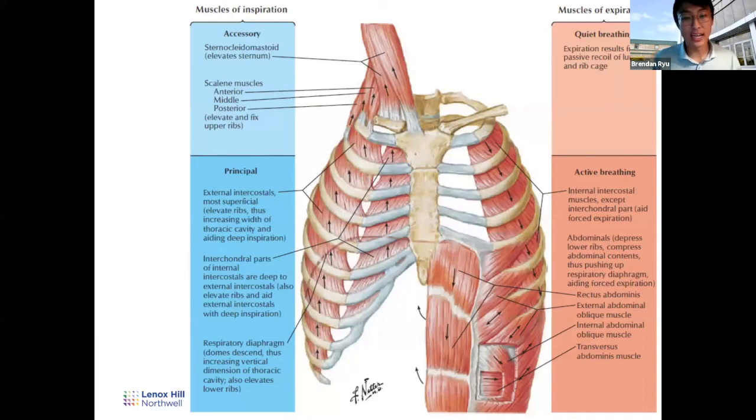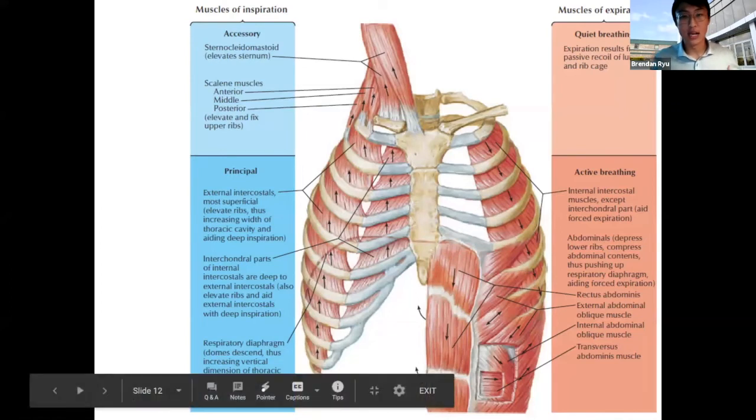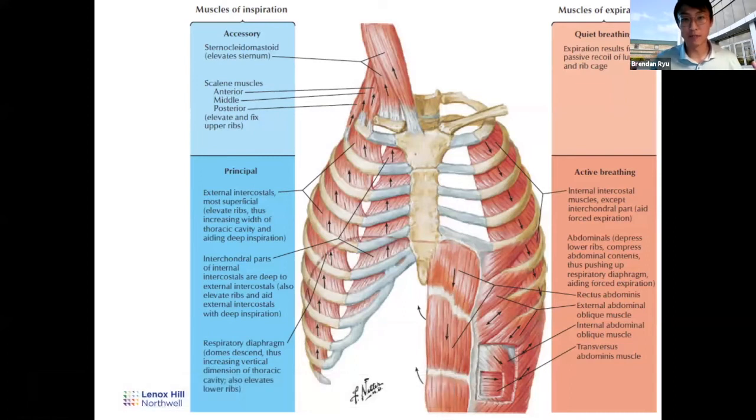So during inspiration, when air is coming in, the main muscles used are the diaphragm that contracts and the external intercostal muscles. So again, the diaphragm contracts downward to create more space, and the external intercostal muscles move the ribs outward and upward to also help create that space.